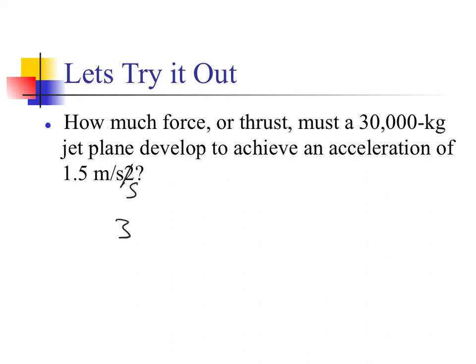So we have a fairly large mass, and we think, wow, that's not a very big acceleration, and in a way we're right, it is not a very large acceleration. But because the object has so much inertia or mass, we can go and get the answer.